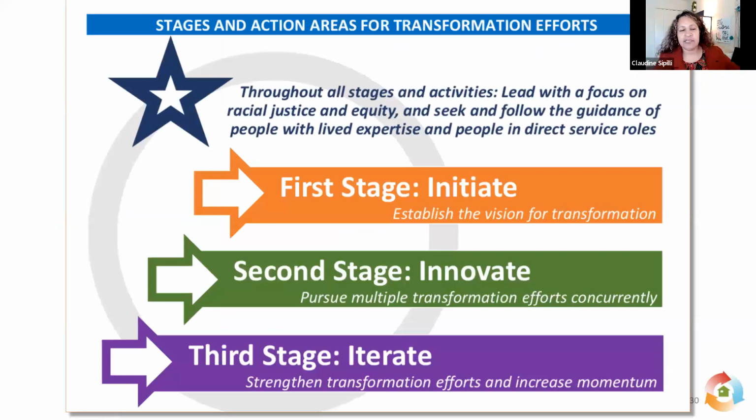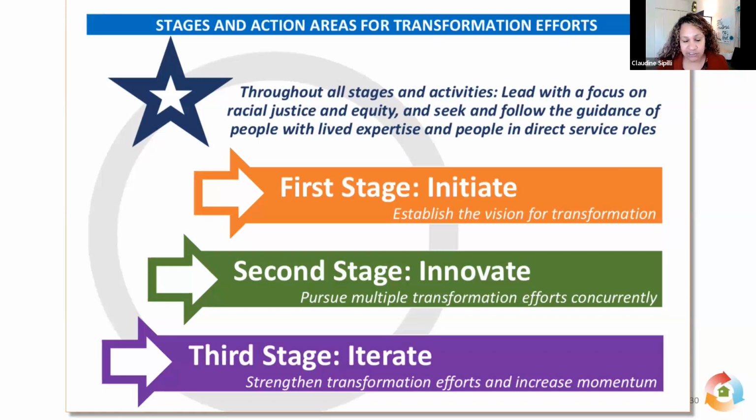Yes, thank you, Matthew. So this staged approach that Matthew just covered and the implementation of these action areas can help ensure that, first of all, a clear and compelling vision is developed and communicated for the planned transformation of approaches, and for the provision of stronger, more welcoming, empathetic, and effective interim housing options to people experiencing homelessness, and options that help support their ability to end their homelessness by accessing permanent housing.